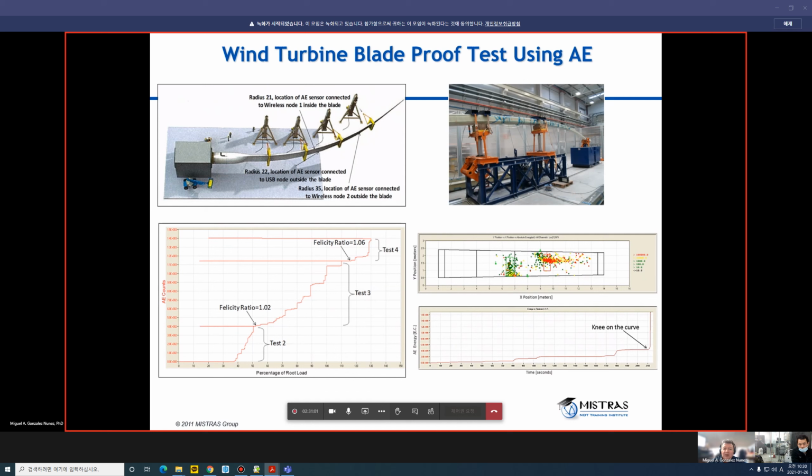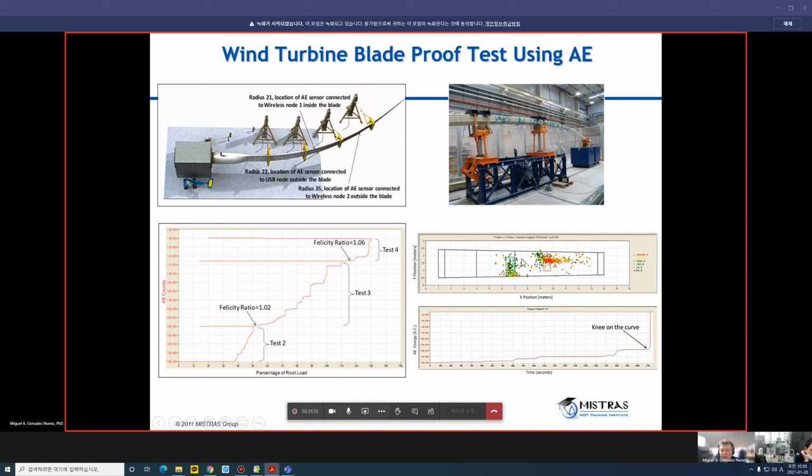This is a schematic of the turbine blade that was tested in this example. And I already explained the Felicity plot, in which we plot on the x-axis the percentage of load versus the accumulation of acoustic emission counts. But we also plot the location plot.